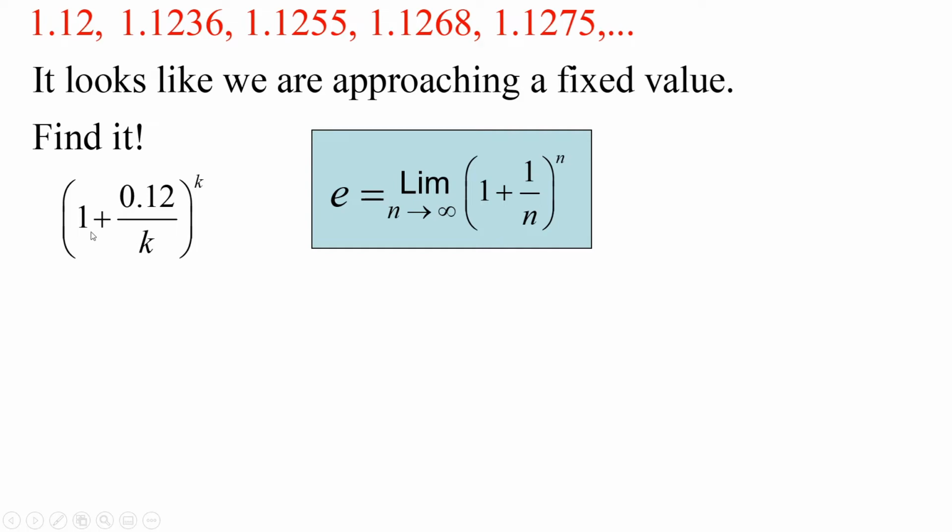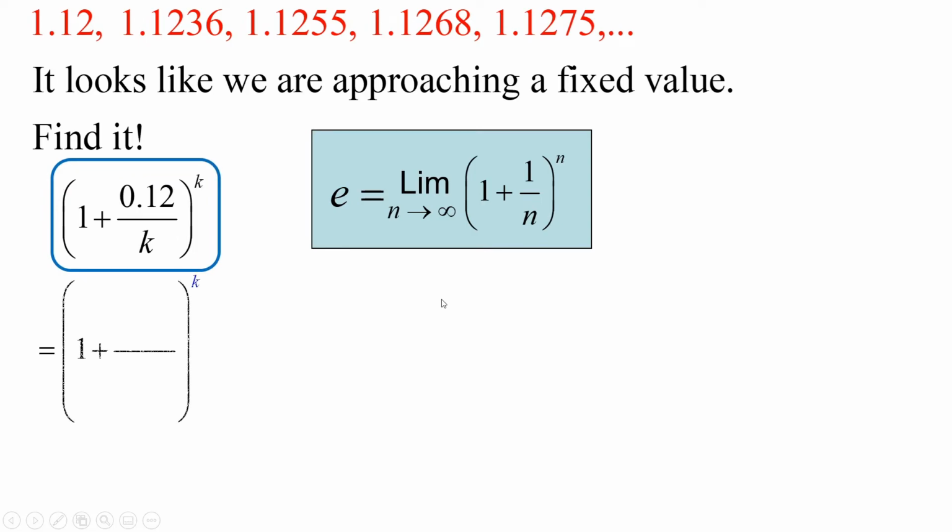Now this is close to that, 1 plus 0.12 over k to the k power. So see that 0.12? I'd like to write this all in terms of E, so I want that 0.12 to be a 1. So that's just simple algebra. Okay, I need a 1 in my numerator right here, so I'm just going to put it there. Now, I can't just run around putting things where I want them because it fits the formula I'm looking for. So I need to manipulate so this is a true statement.